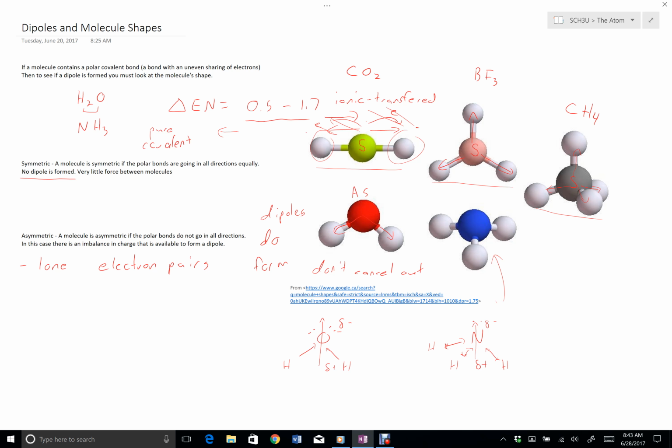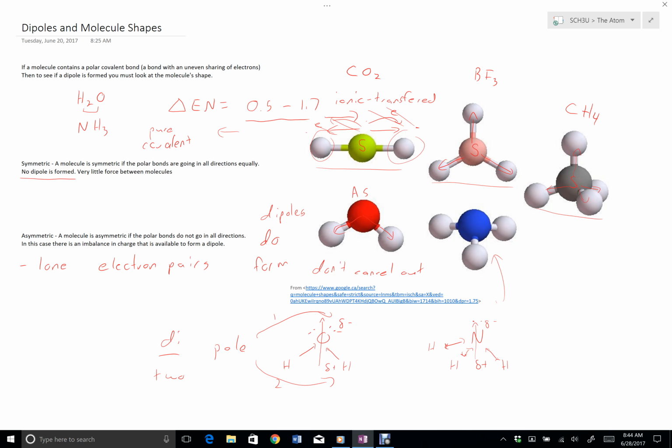That overall dipole, or di, which means two, pole, see we have our 2 poles, 1, 2. What that means is that these molecules are going to interact with each other in some different ways that we're going to talk about in some future videos.